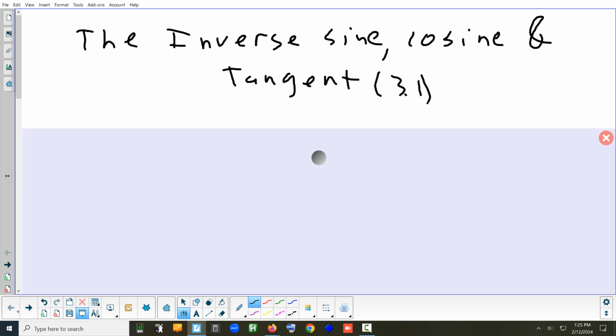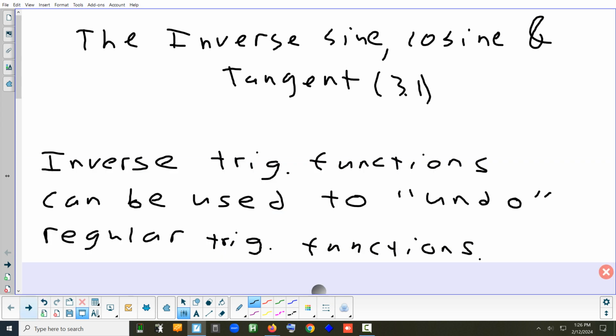So the first section that we're going to look at this week, 3.1, is on what we call inverse trig. It's exactly the opposite of last week. Inverse trig is basically used to undo regular trig.